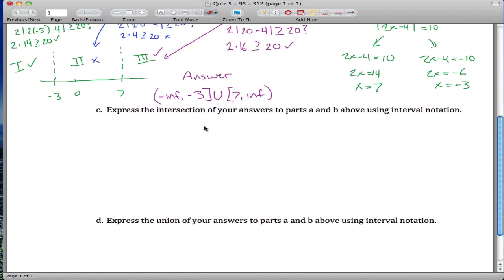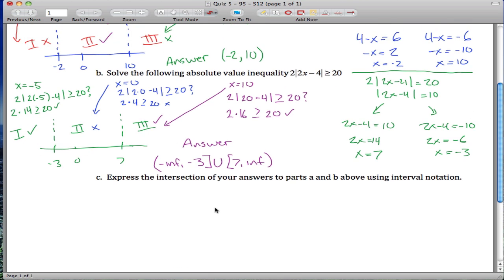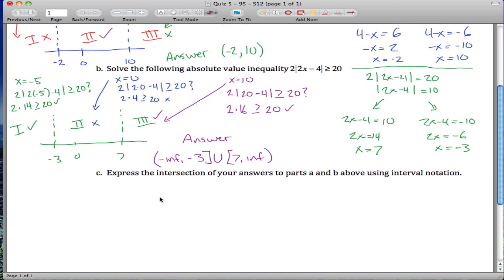Alright, now we want to find the intersection of our two answers. I think the easiest way to do that is to graph. So in part A, we got negative 2, 10. So we wanted all the numbers in between these two guys, but not including those two guys.